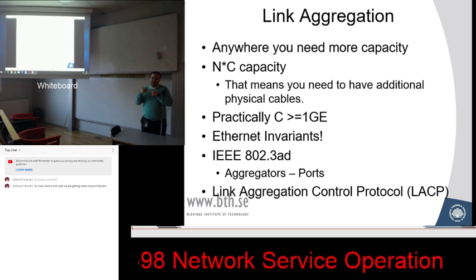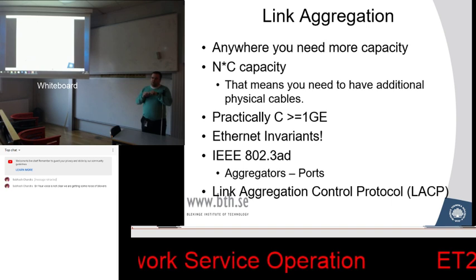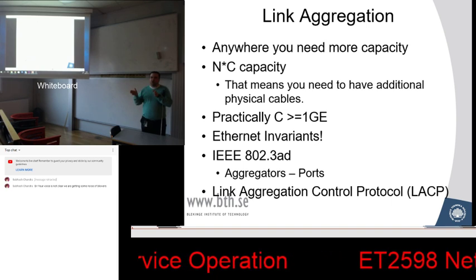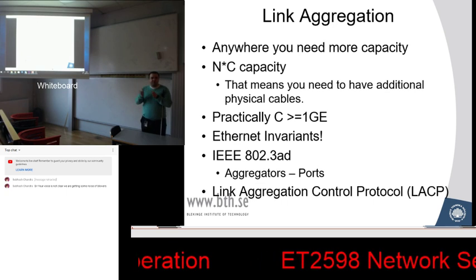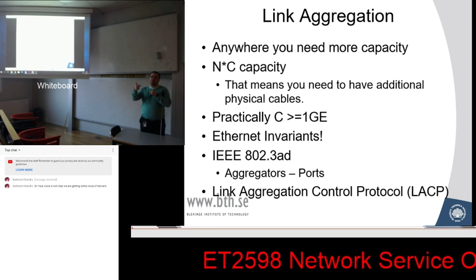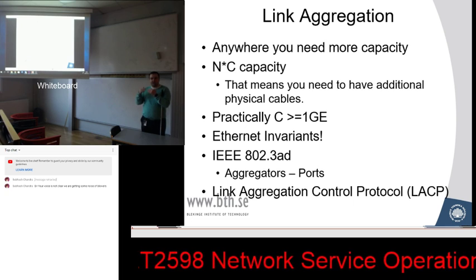if I have a host that is sending a stream of packets, I cannot take that stream and put it on different links across this aggregated channel. Because if I put it on different links, the receiving side might get them at different times and corrupt the order. So I cannot do that.